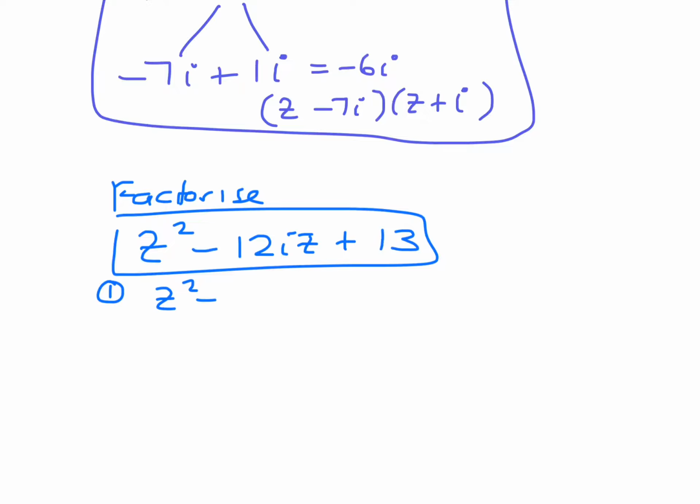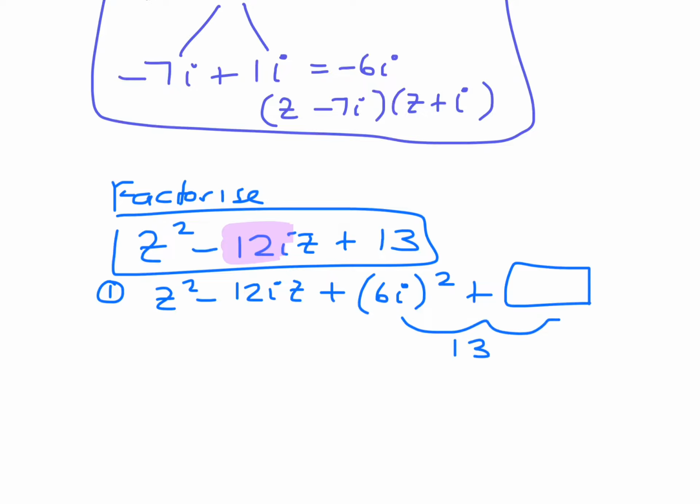So you halve that middle term, including the i, and square it. So that will be 12iz, and then add it. Okay, so it'll be 6i when you halve it and square it. Okay, and then we're trying to see what we have to add to make 13. Those two things together have to be 13 to make sure that this and this add up together.